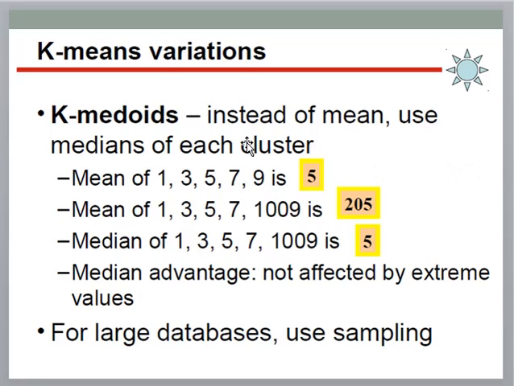For example, the mean of these points will be 205, but the median of these points will be 5. So the basic difference between k-means and k-medoids is the usage of median instead of mean. The advantage of using median instead of mean is that it is not affected by extreme values.